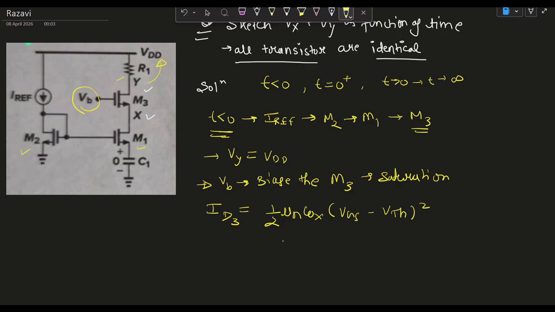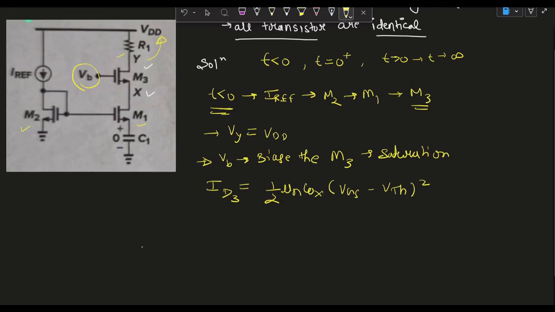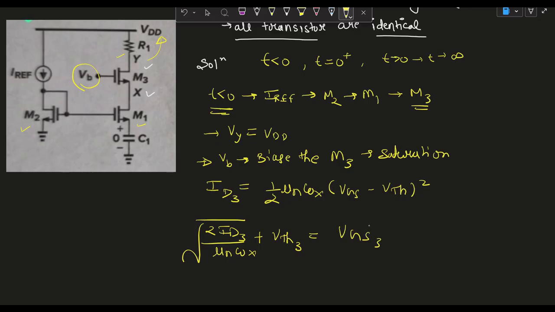So these were our conclusions. Let's solve this: VGS equals the square root of 2ID3 over mu n Cox W over L, plus VTH, and this VTH is VTH3, giving VGS3.